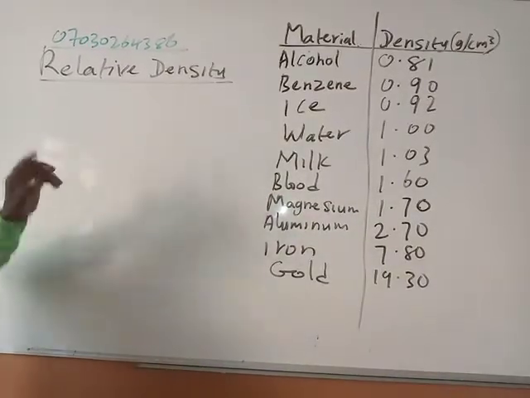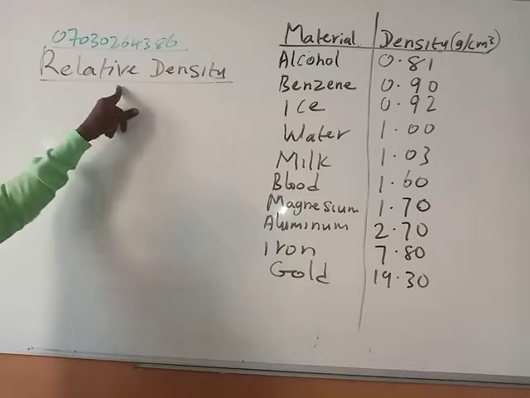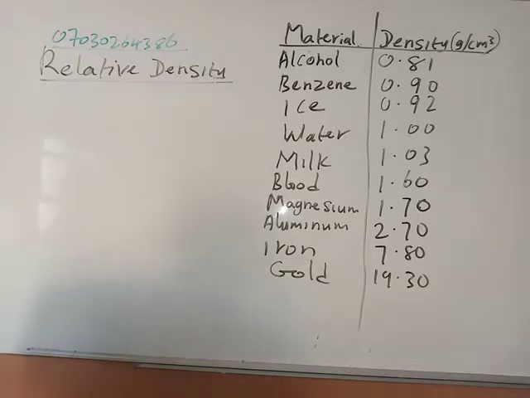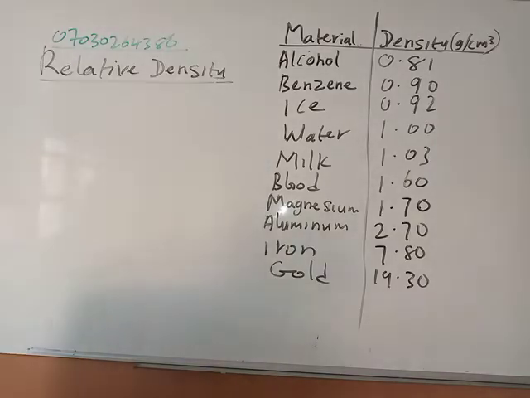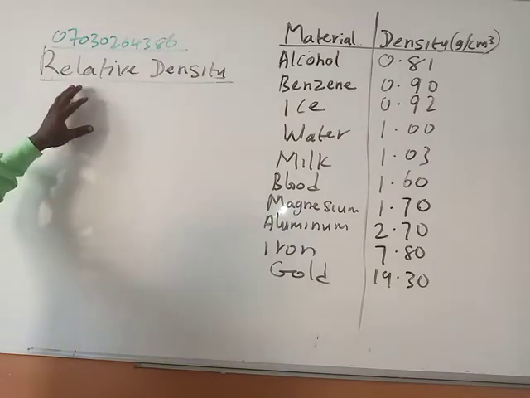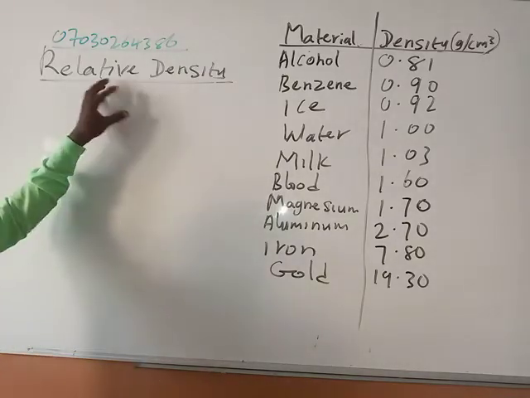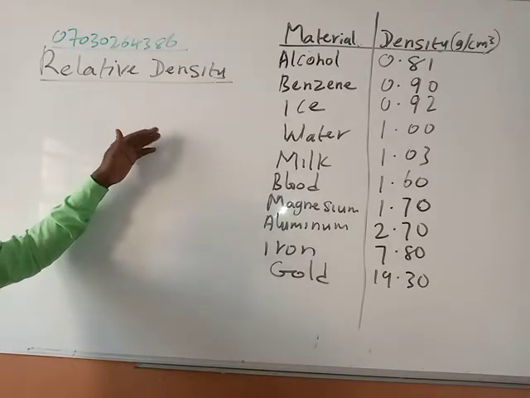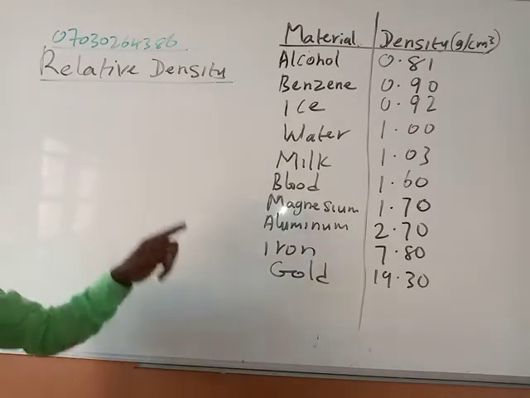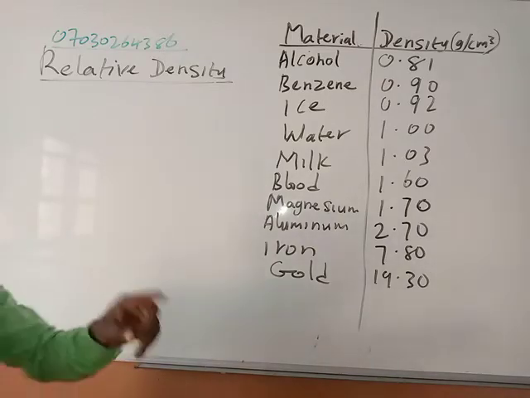Now, when we say relative density, the first thing you need to understand is this word relative, which means to compare two things together. This is not the first time of coming across this. We come across it under relative motion, which means to compare the motion of one object or body in one frame to another frame.